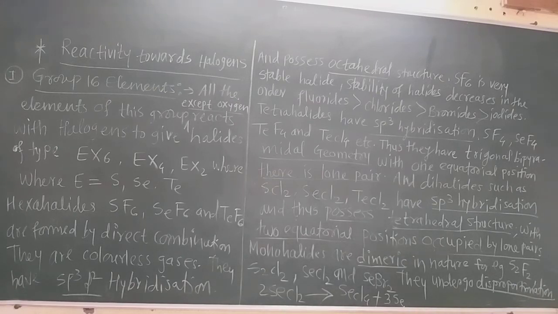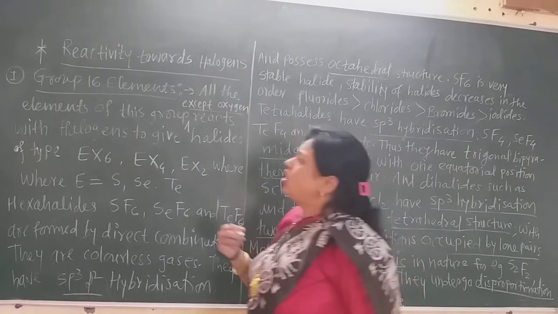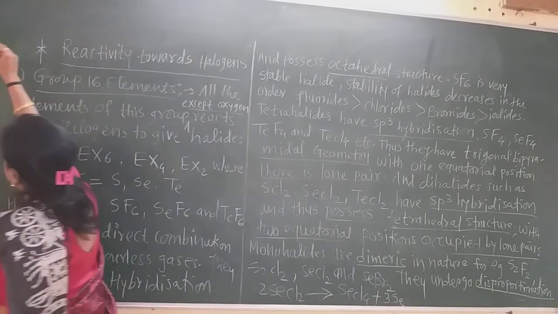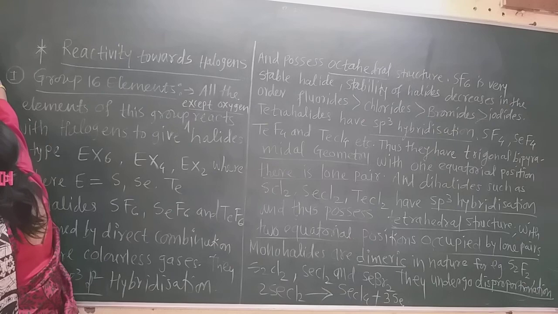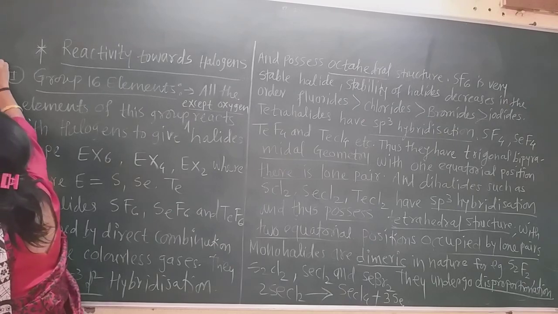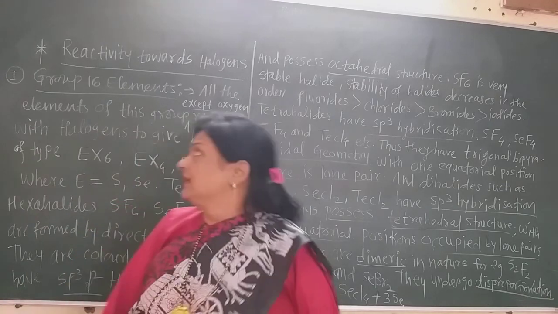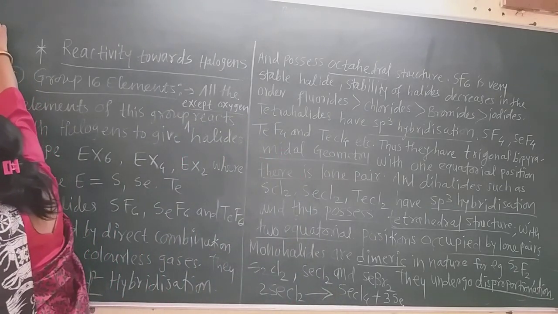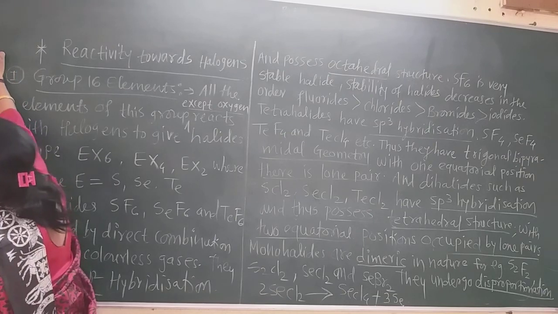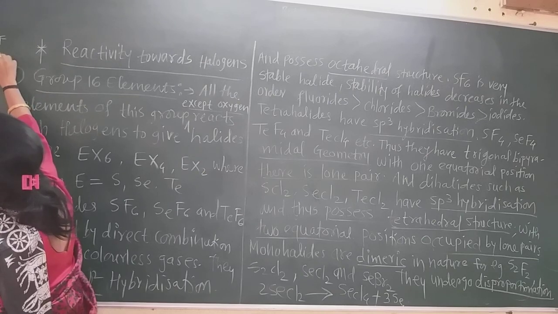Now you know from 11th standard the octahedral structure. See, at the corners of the square plane there are the fluorine atoms, and one fluorine is above and one fluorine is below the plane.